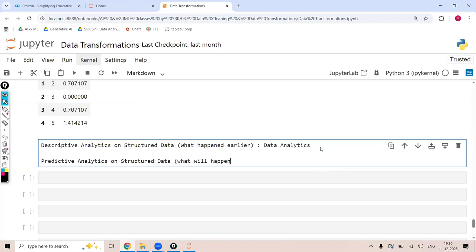You estimate what the estimated value would be. For this you are going to apply ML or AI. Predictive analytics on structured data means ML or AI. For ML or AI, whatever I have told you now is the same. No difference. Are the points clear? So the first 3 steps remain constant.